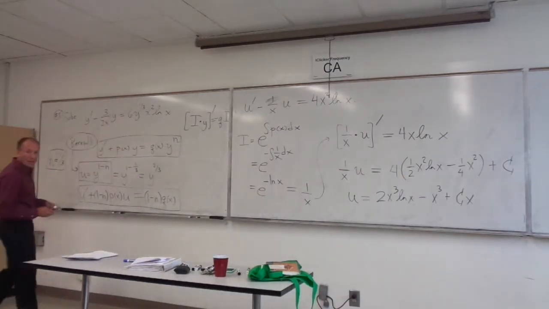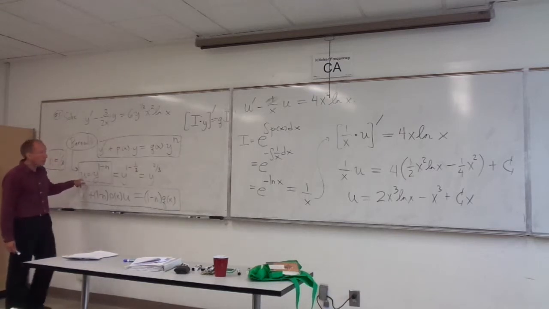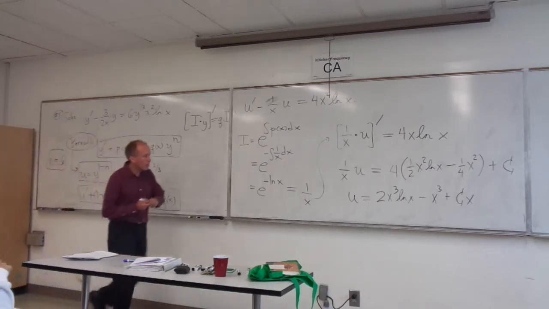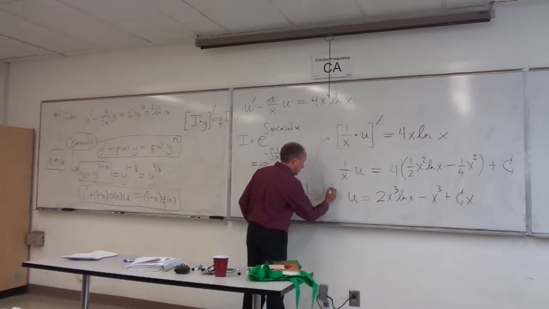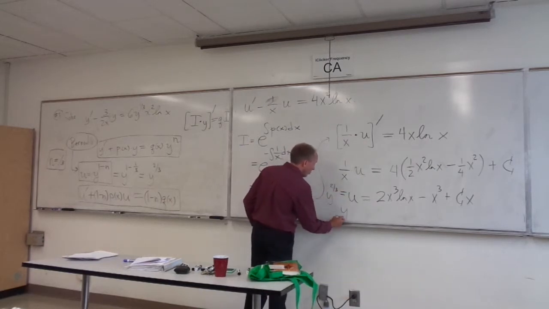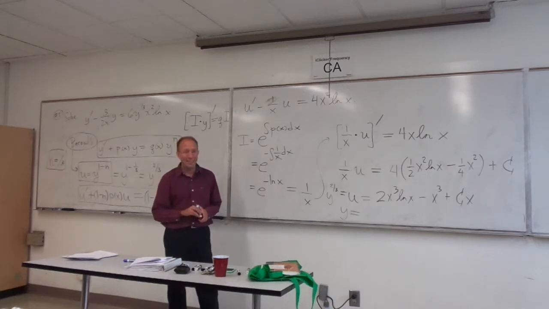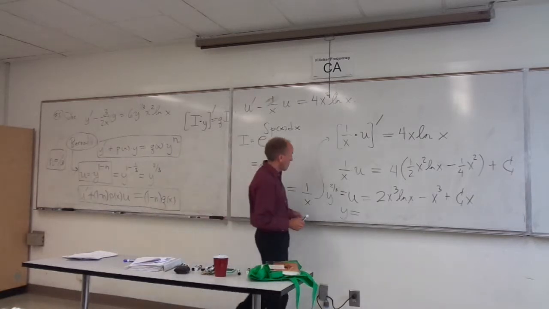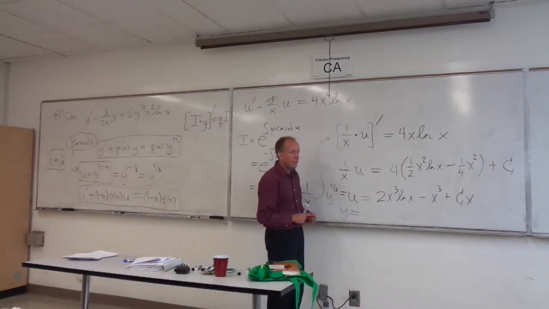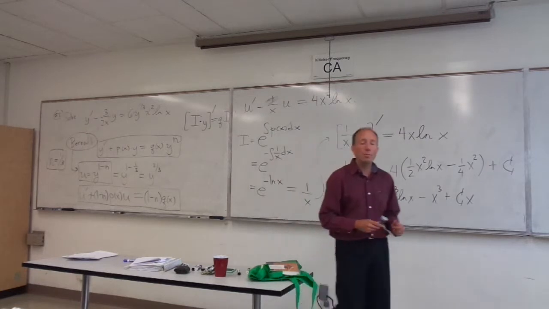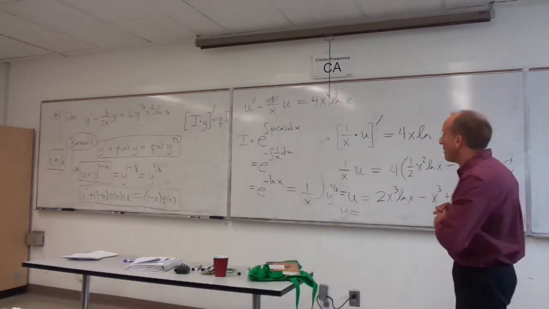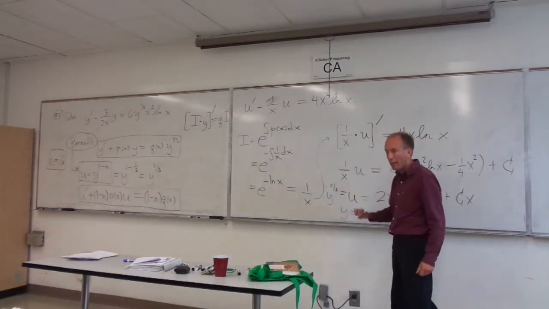Replace the u, exactly. So I know what u is. u is just y to the 2/3, right? So this is y to the 2/3. So if I want to know what y is, what do I have to do? I have to take the 3/2 power of both sides.